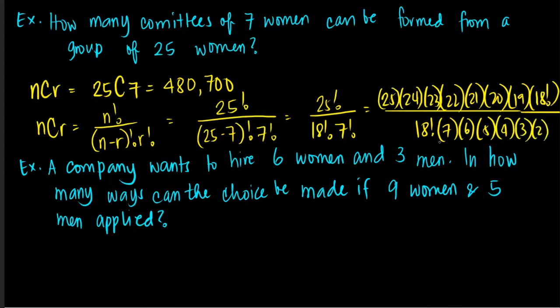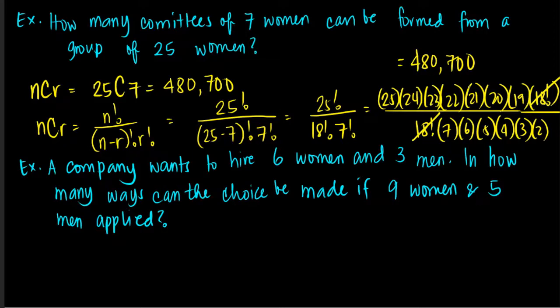You know what that means: the 18 factorial cancels out. You can input that in your calculator: 25, 24, 23, 22, 21, 20, 19 over 7, 6, 5, 4, 3, 2. And I still got the same answer: 480,700 committees that you may make out of 25 women.